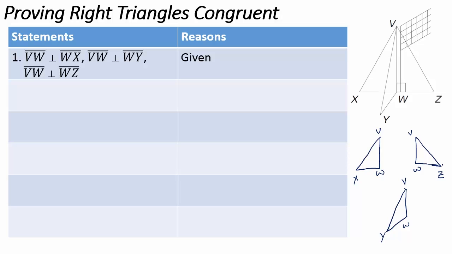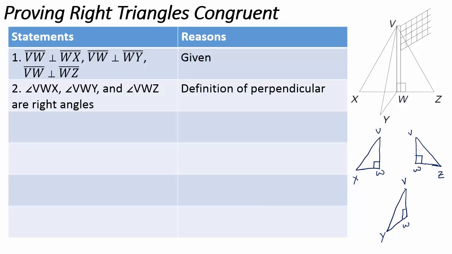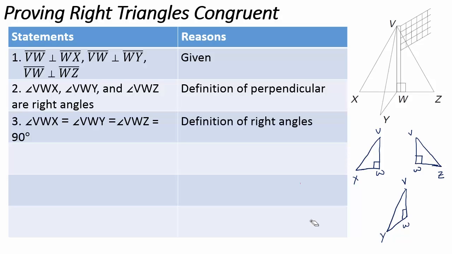Because they are perpendicular, I know that angle VWX, which is this angle over here, and angle VWY, which is this angle over here, and VWZ, which is this angle over here, are right angles, and that's the definition of perpendicular lines. From here, I know that angle VWX is equal to angle VWY, which is equal to angle VWZ, and they're all equal to 90 degrees because that's the definition of right angles.